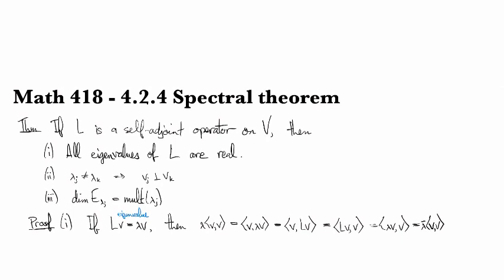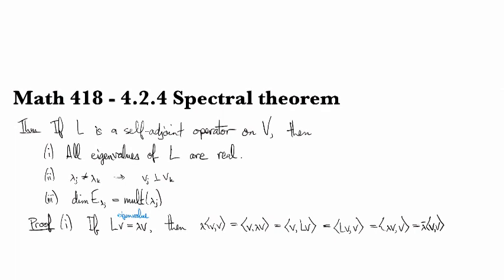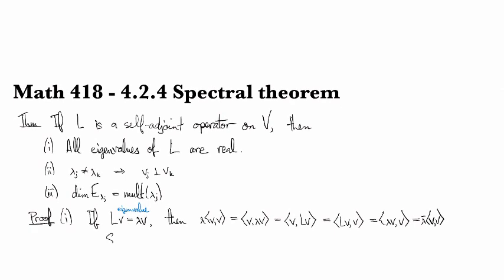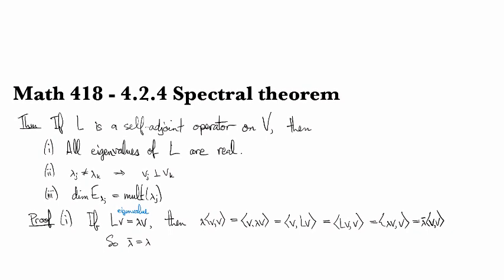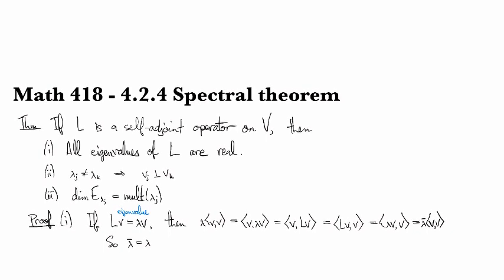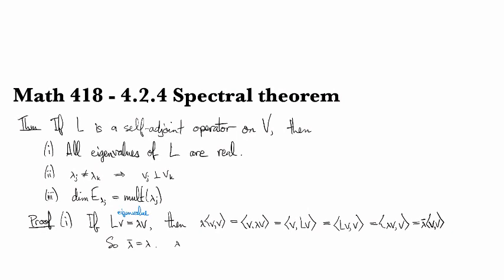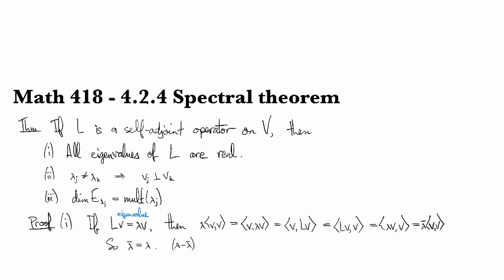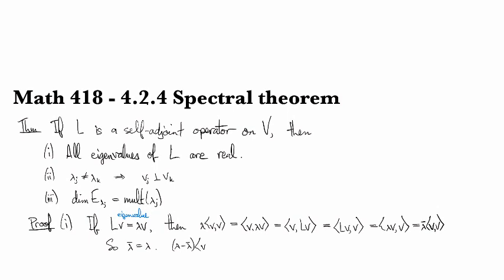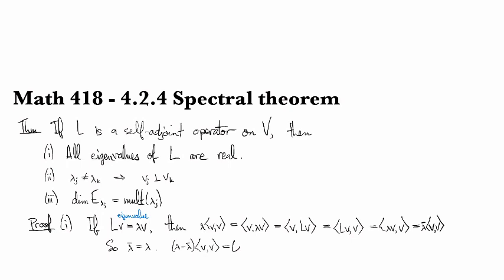This means that lambda conjugate is equal to lambda, because if I subtract one side from the other, lambda minus lambda conjugate times this inner product is equal to 0.